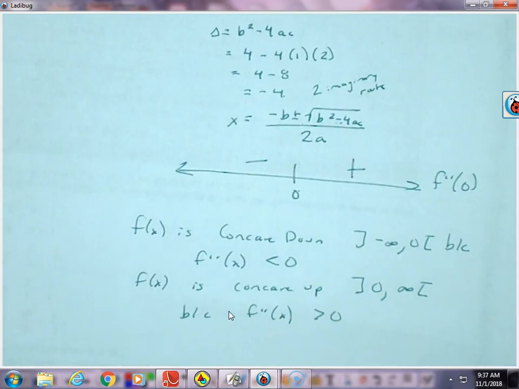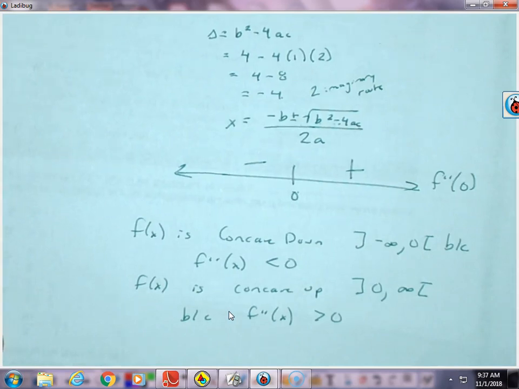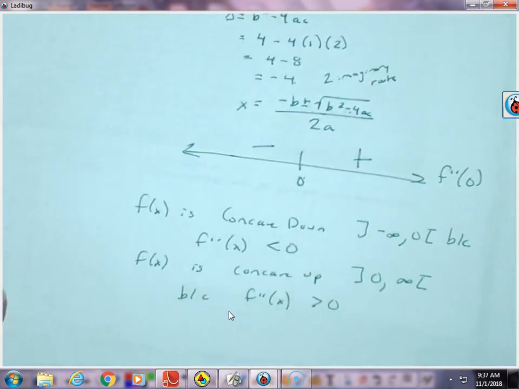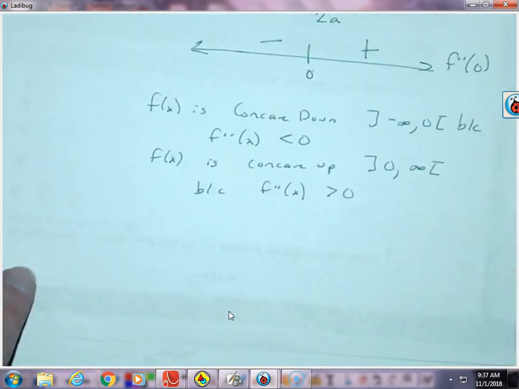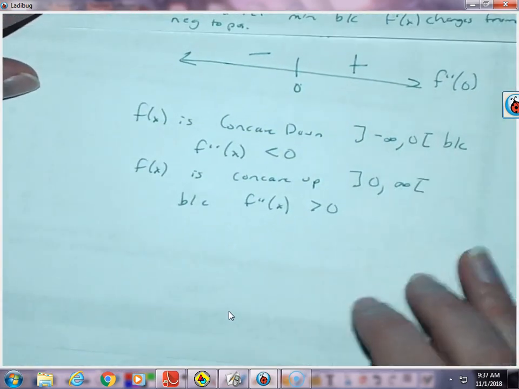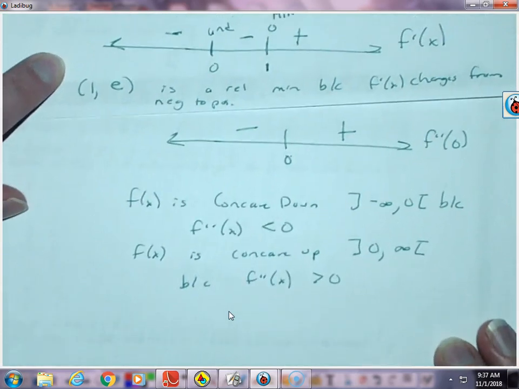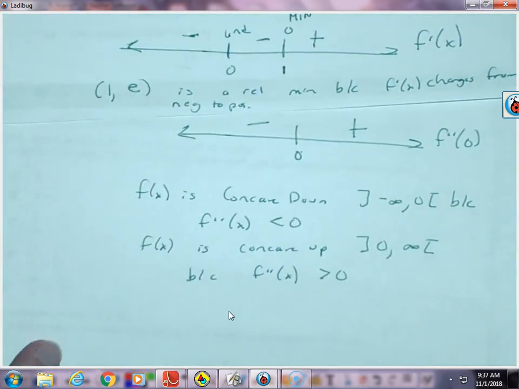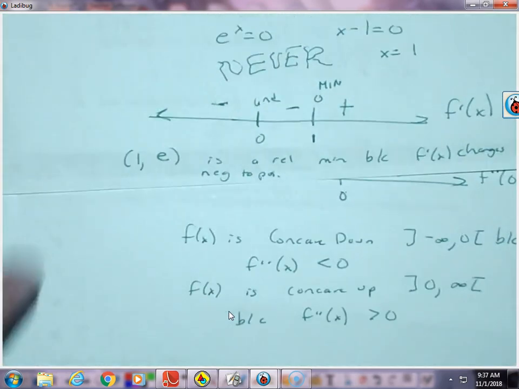Then it asks me to sketch the graph. It is kind of difficult to sketch the graph given that I only have one point on the entire graph. So basically you combine the first and the second derivative to try to graph it, just to get the shape. I'm supposed to actually know where it goes through.